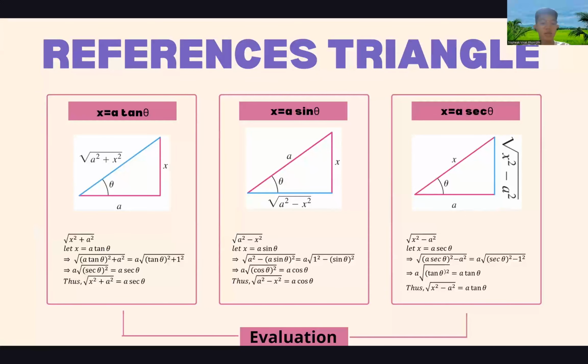In the first one, we have x equal to a tangent of theta, and we have to draw the reference triangle to show that x is the opposite side and a is the adjacent side.